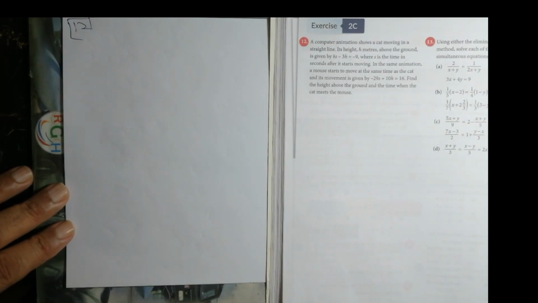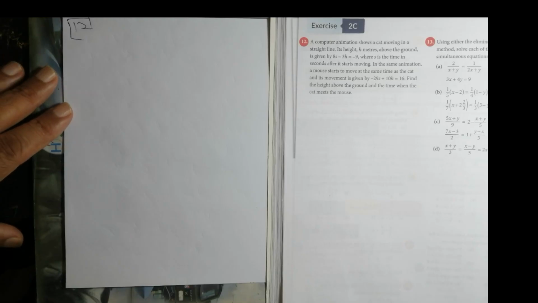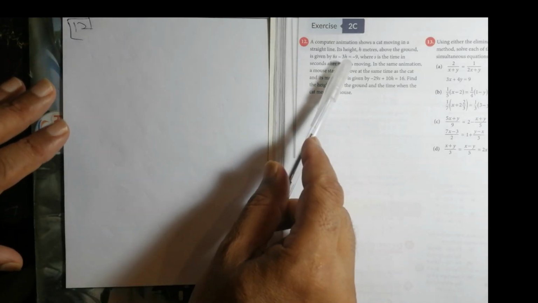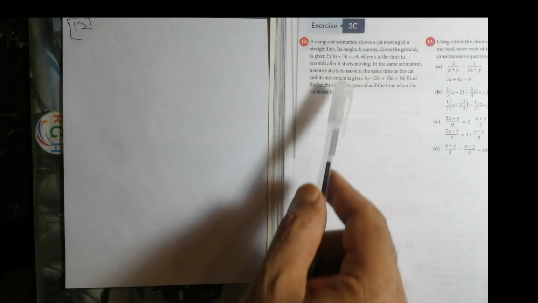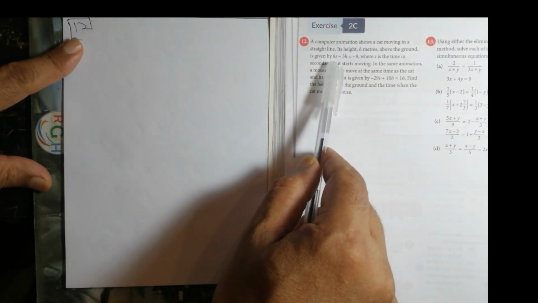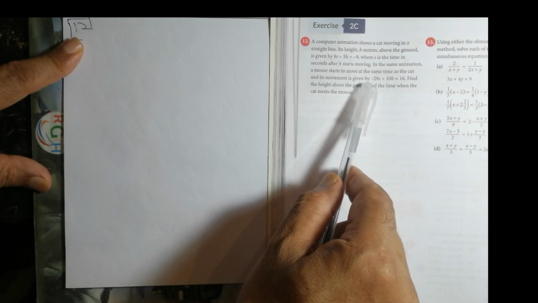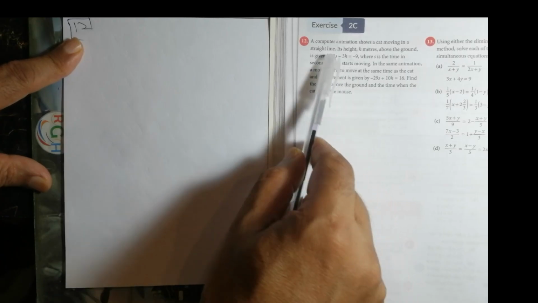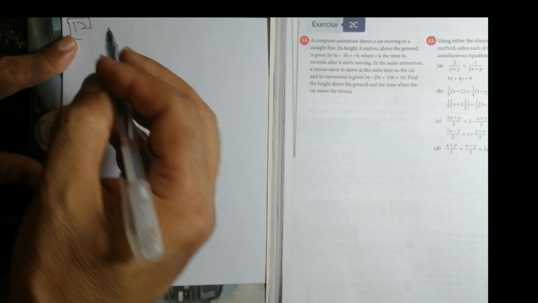So we have two equations. We need to solve them either by the graphical method, the elimination method, or the substitution method. We can use the substitution method to solve this one.